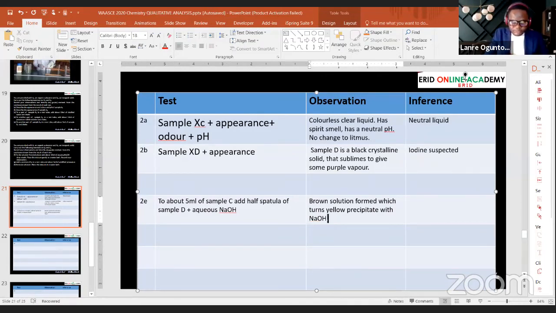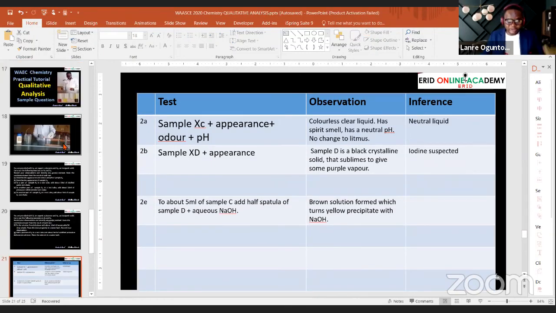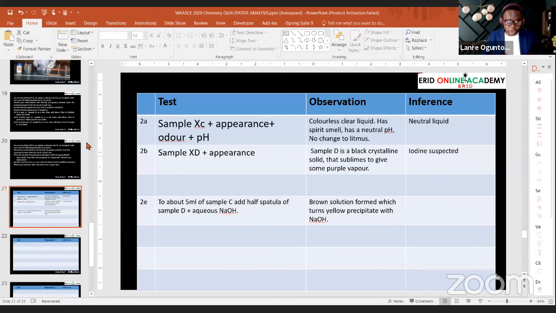So that will be your observation. It's going to form yellow precipitate with sodium hydroxide. That is your iodoform test. You saw the iodoform test earlier, forming your yellow precipitate.